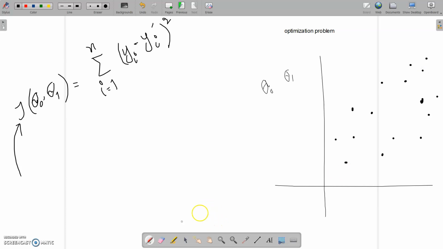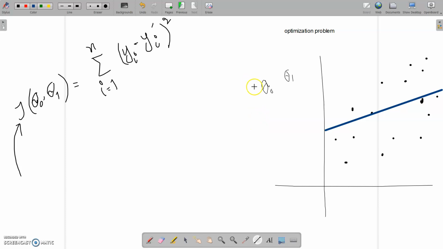First you select a random value of theta 0 and theta 1, and you get a curve like this. You found that the J value, the cost, was too high because this is not the trend that the data is actually representing.